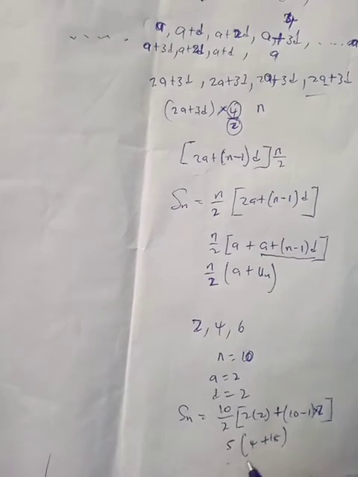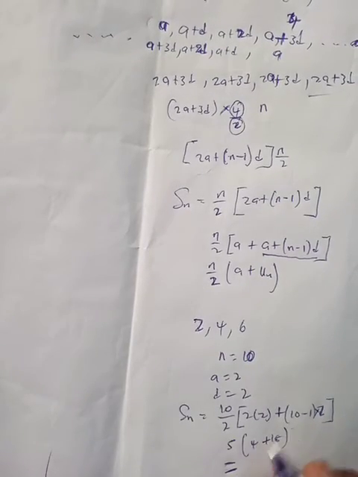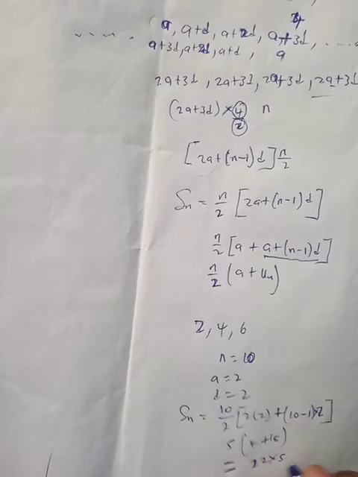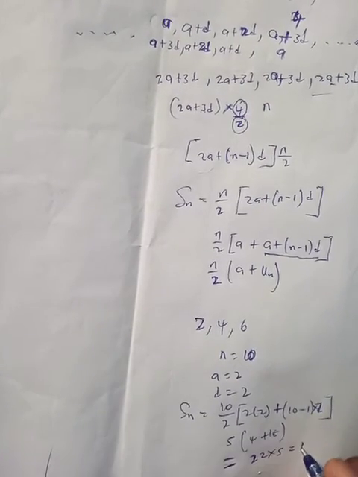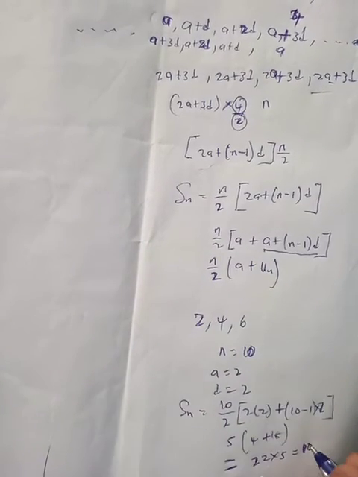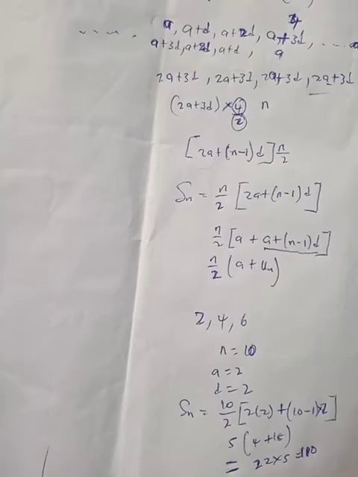This will give us 5 times 18. Let's add them, 22 times 5, which I will get 110. So that is it, 110, simply as that, and you are gone.